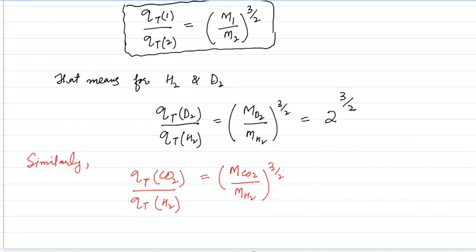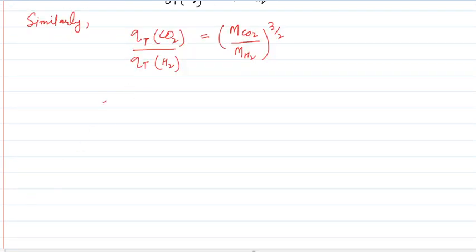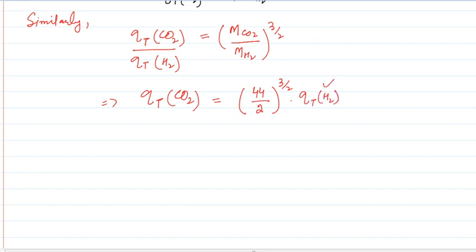So we can further simplify this: we can take this part to this side and multiply. The translational partition function of carbon dioxide molecule will be the ratio of molecular mass of carbon dioxide, 44, and hydrogen molecule, 2, raised to power 3 by 2, into the translational partition function of hydrogen, which we have already found.